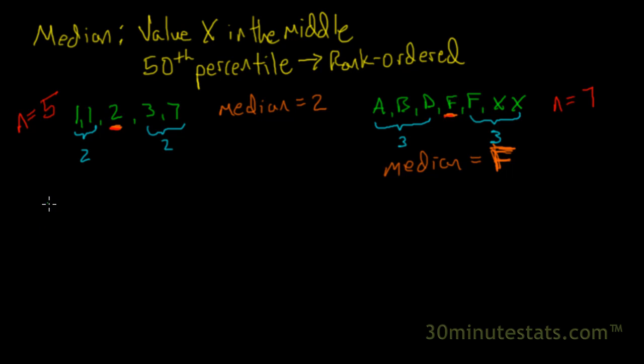So let's say we have a new array here, and that's going to be 1, 2, 2, 3, 4, 10, 30, and 35.